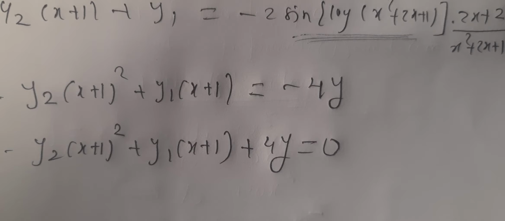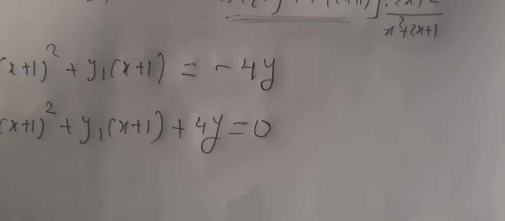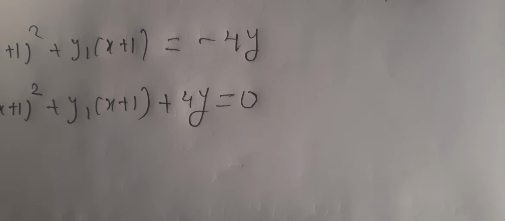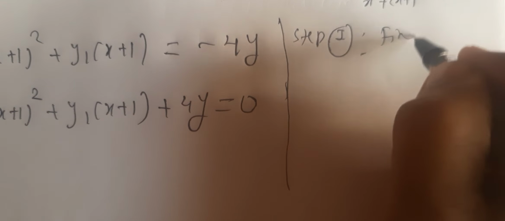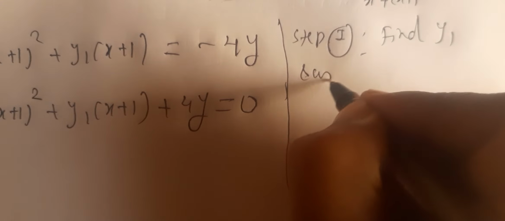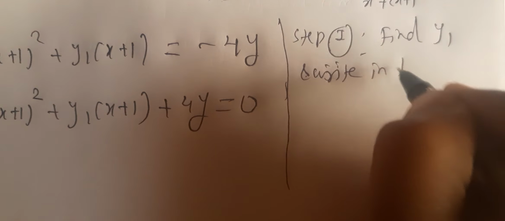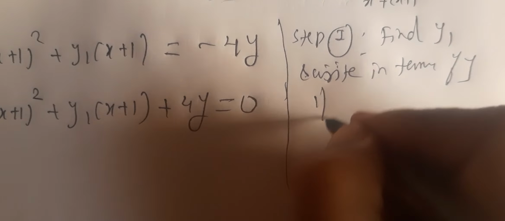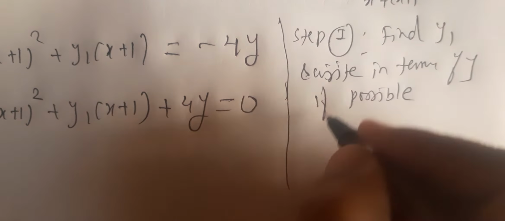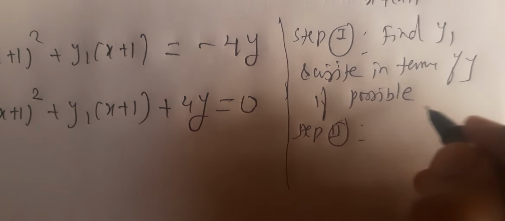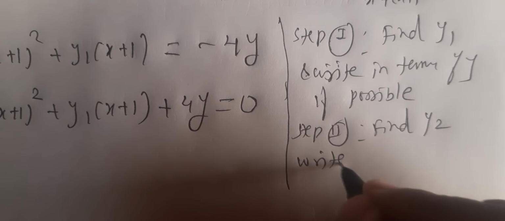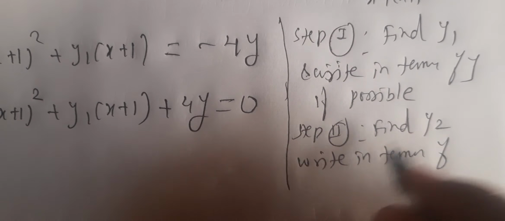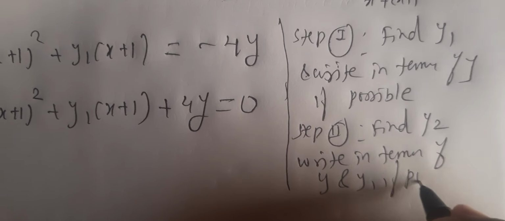This is one very important step we have obtained. Now, before proceeding, again I will try to tell you the general steps. In step 1, I am repeating, find y1, and write in terms of y if possible. Then our step 2 was, find y2 and write in terms of y and y1 if possible.